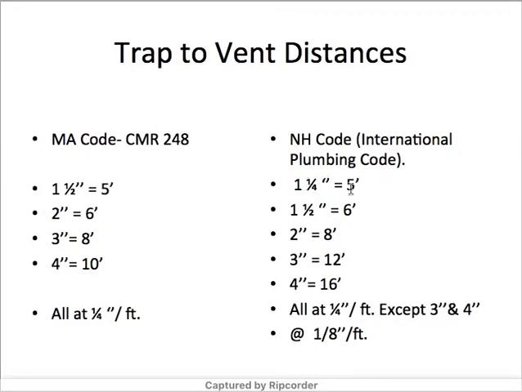So 1.25 inch, 5 feet; 1.5 inch, 6 feet; 2 inch, 8 feet; 3 inch, 12 feet; 4 inch, 16 feet, all at 1/4 inch per foot, except for 3 and 4, which is based off of 1/8 inch per foot. Those are good to know. Otherwise, you have to revent or back vent or start getting creative if you're going too far.